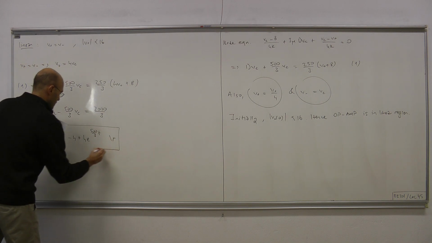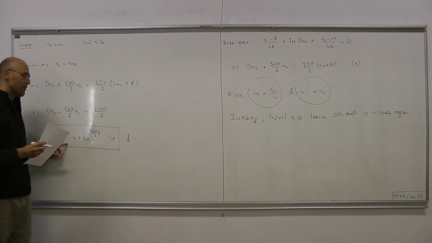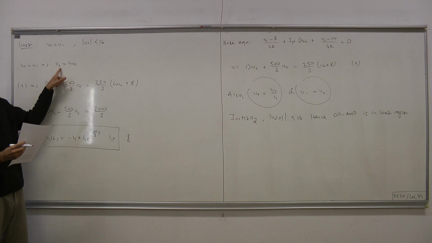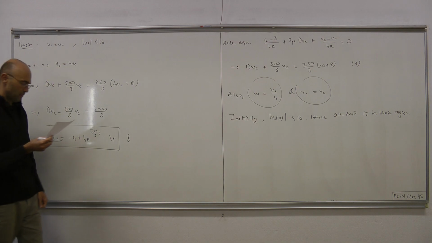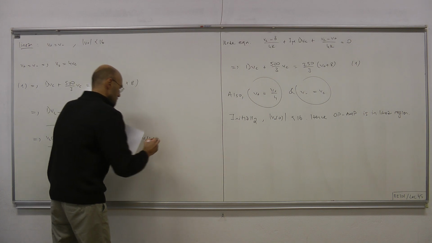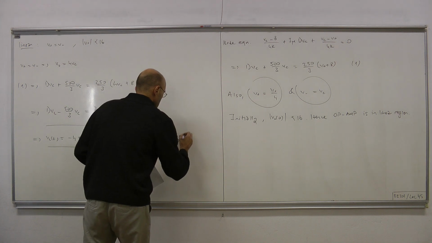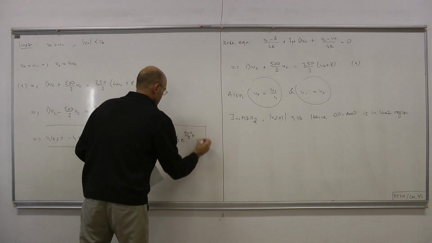Okay. And once you have capacitor voltage, output voltage is simply 4 times that. V out(t) equals minus 16 plus 16 e to the 500 over 3 t volts.